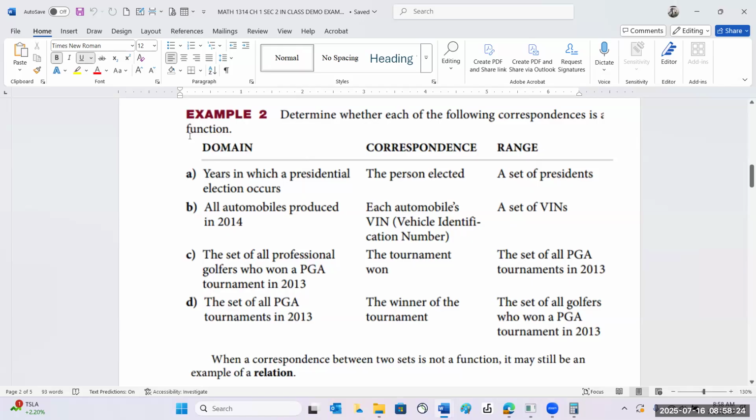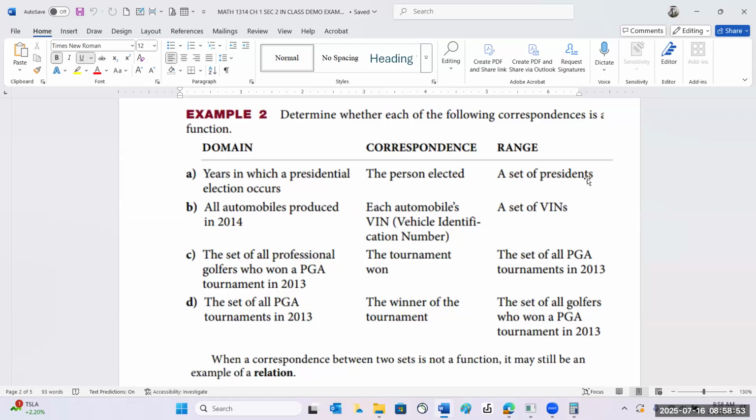Determine whether the following correspondence is a function. Remember, a function is for every X, there's only one Y. The domain is the year in which a presidential election occurs. The correspondence, the person elected. The range is the set of presidents. Is that one-to-one? You say yes.